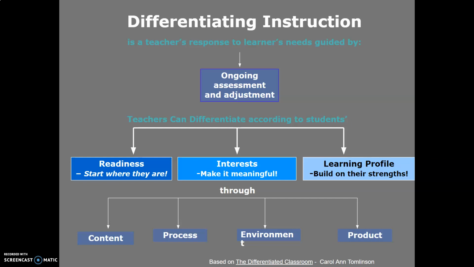Third, learning profile, build on their strengths. And then they do that through content, process, environment, and product. And so this is from Carol Ann Tomlinson's based on the differentiated classroom.